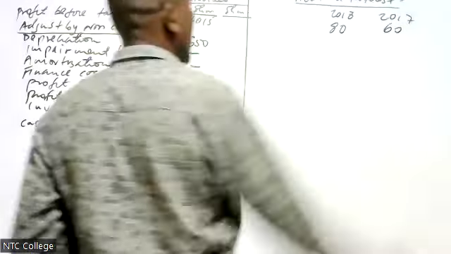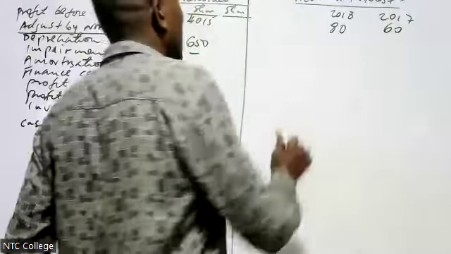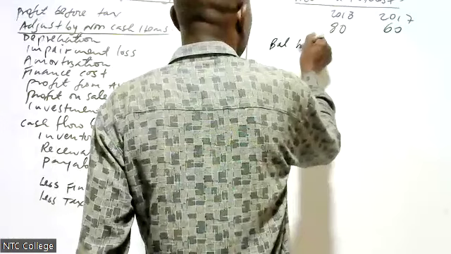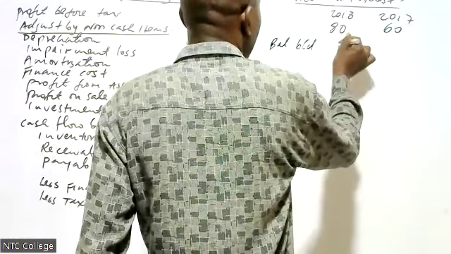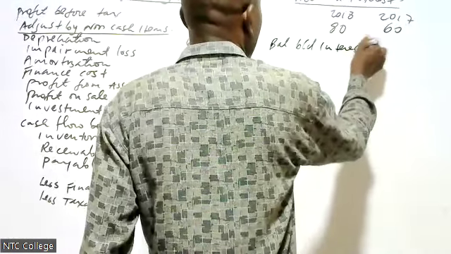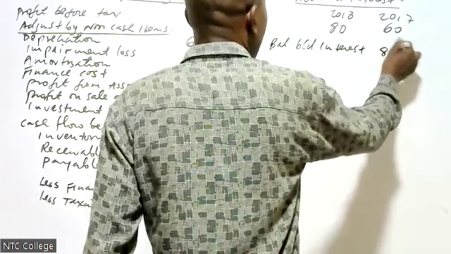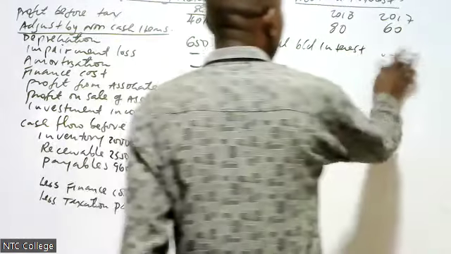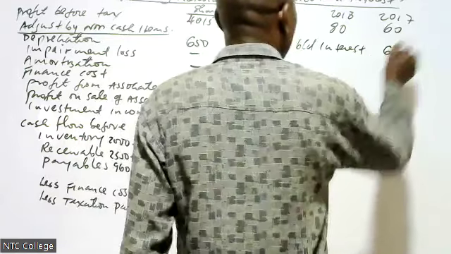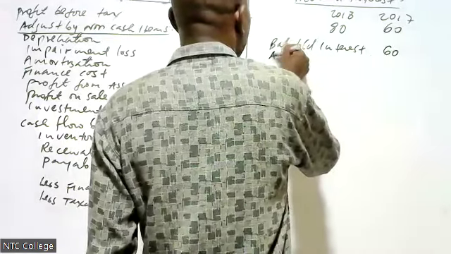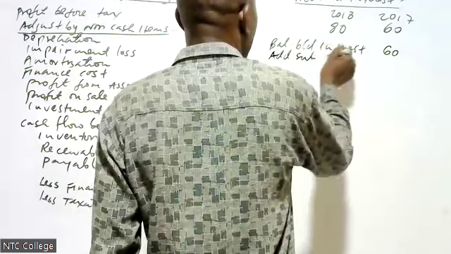I will take the balance brought down, which is interest. That is 60, sorry. Then I add subsidiary acquired.